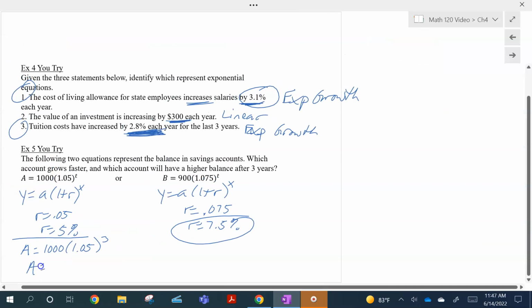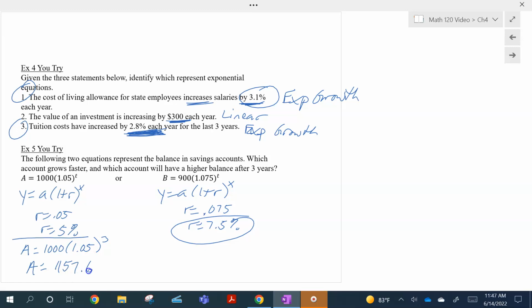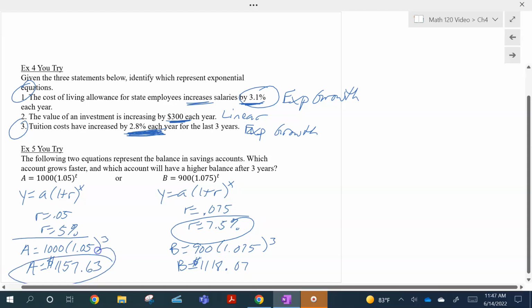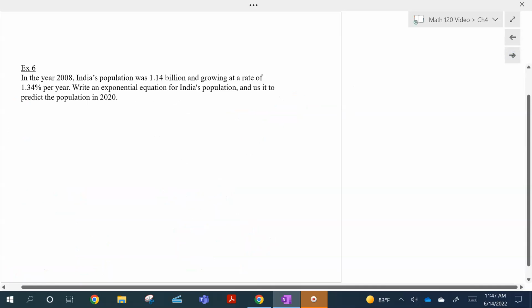So this ends up being 1157.625, so 1157.63, in dollars. And this one, 1.075 to the third, we ended up getting 1118.067, so 1118.07, rounded, dollars. So who has the higher balance? Well, the first one had the higher balance after 3 years.